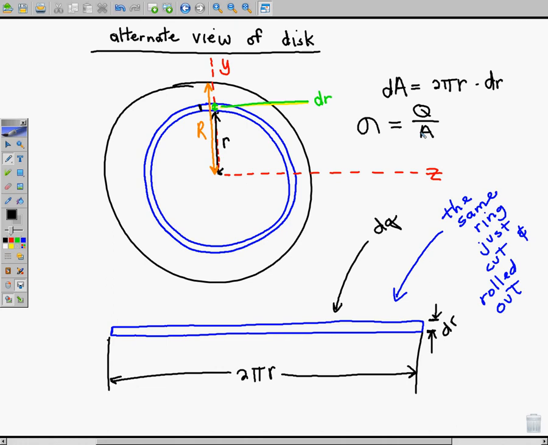And if I rearrange that and solve that for Q, I get Q equals sigma times the area. So if I have a little piece of the charge, dq, what is that going to be equal to? Sigma dA. But I know what dA is. 2 pi r dr. So that's how I'm going to substitute in from my dq to my dA to my dr.